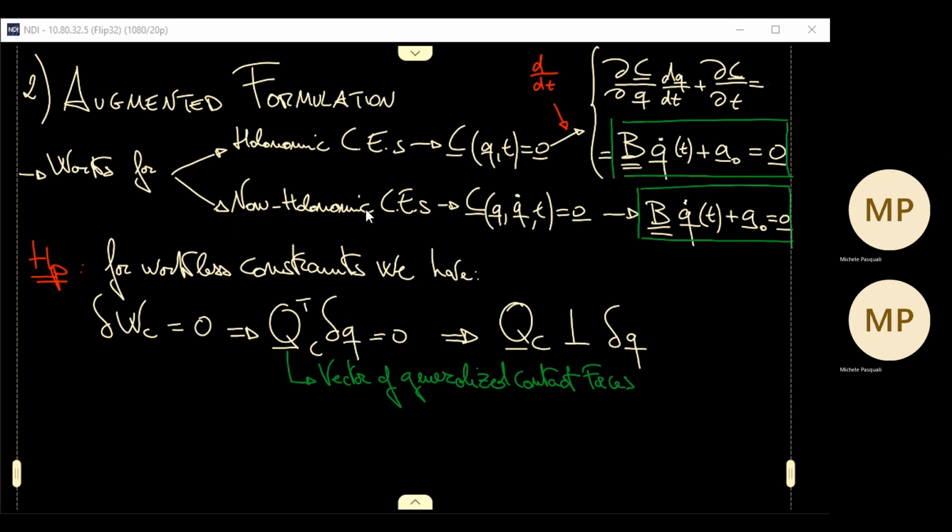Right? From here, it's either QC is 0, as we have said, but this is, let's say, the trivial case, or they are perpendicular.